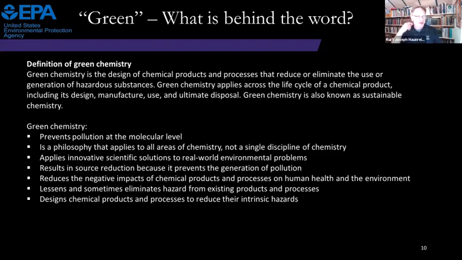Green chemistry requires you to look at the entire design of the chemical product, the process, everything. The idea is that it has to reduce or eliminate the use or generation of hazardous substances, all the way from the opening of the gate to the end of the gate, meaning from when you make your oxidant to the end of its life. That's why I looked into it. Green chemistry prevents pollution. It applies to all areas of chemistry. It applies to any innovation, right?